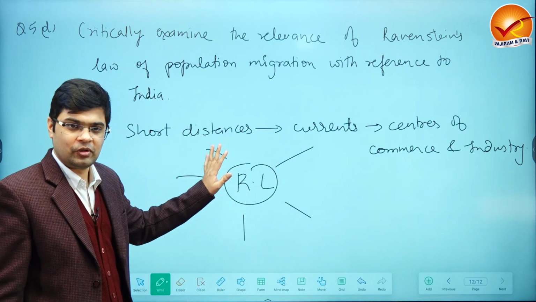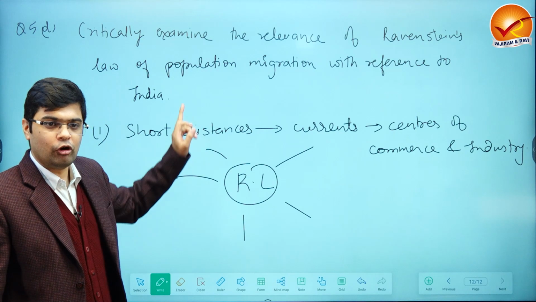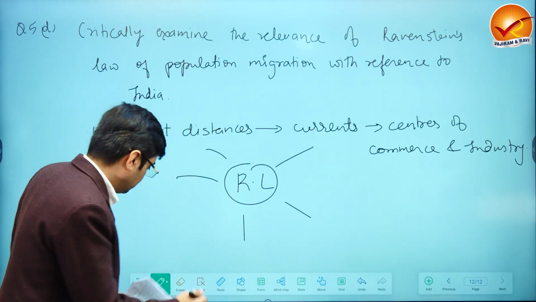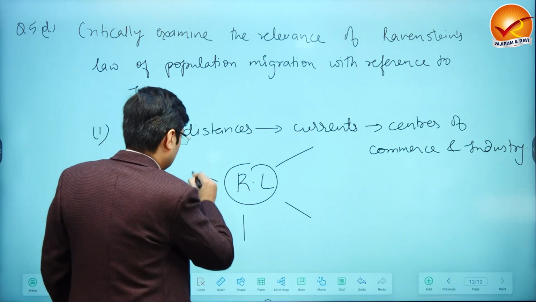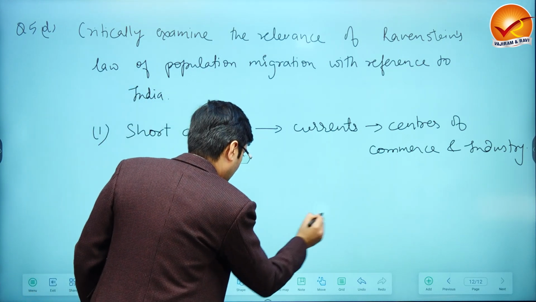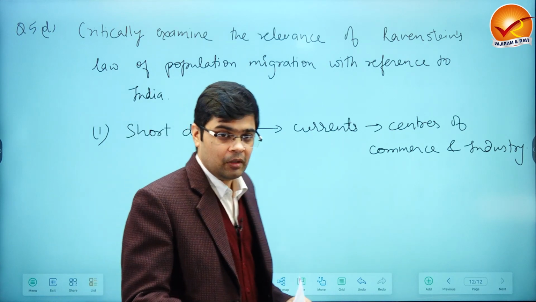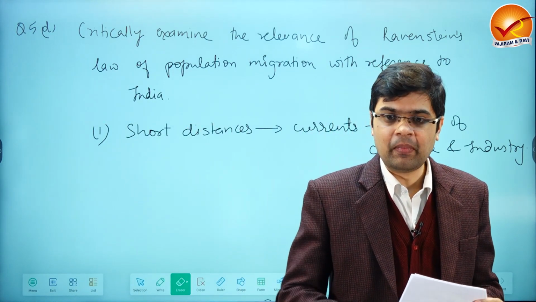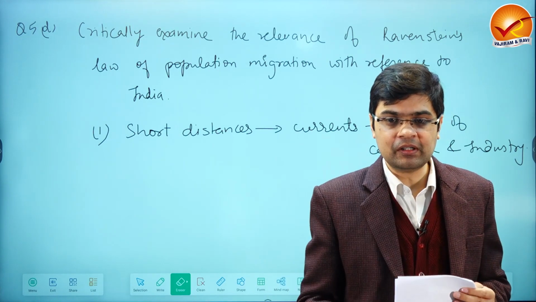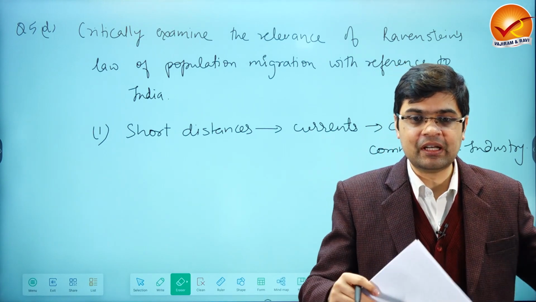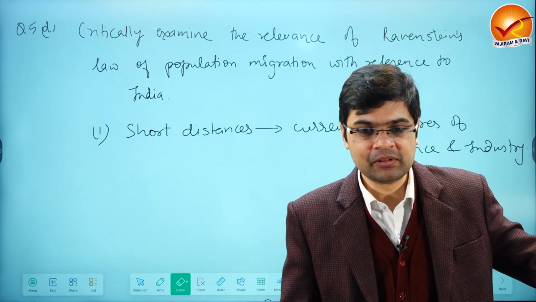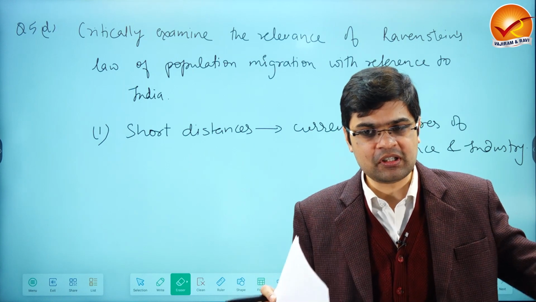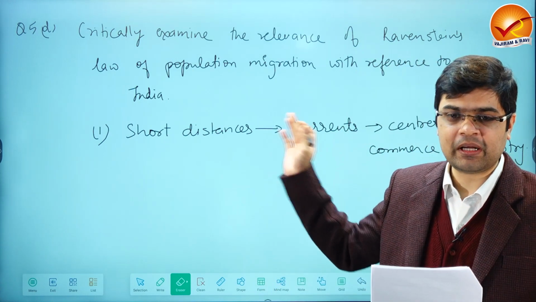Not more than this, because it is just a 10-mark question and a lot of things need to be explained here. So you can start the question by talking about migration. That migration is one of the important factors that decides the demography of an area. You can talk about migration in India. Start with just 1 or 2 lines because there's a lot of material to write here.